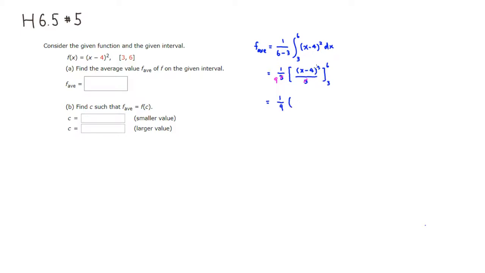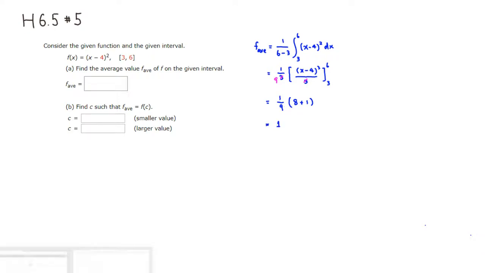Plug in 6: 6 minus 4 is 2, cubed, so that will be 8. Minus, plug in 3: 3 minus 4 is negative 1, cubed is negative 1, so it's plus 1. So this is going to be equal to 1.